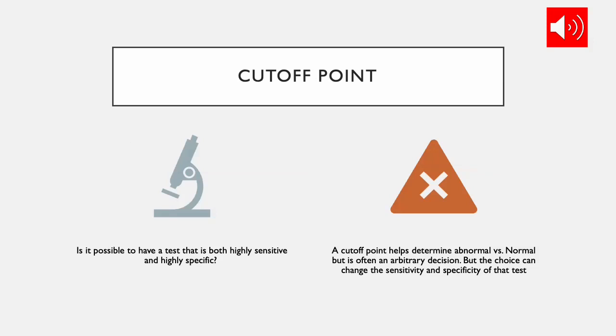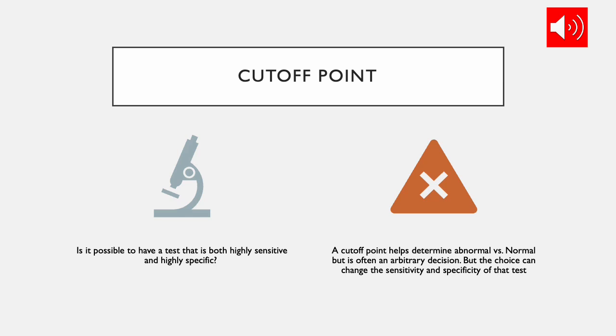Let's talk about cutoff points. Cutoff points are very important. These are what we use to determine if somebody has a disease or not. For example, we use cutoff points to determine if somebody has diabetes. We say over this A1C value, this person has diabetes. We say over this blood sugar value, this person is hyperglycemic, or under this, hypoglycemic.